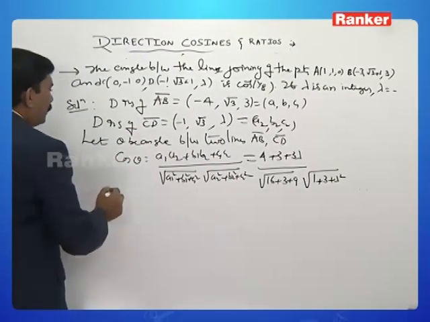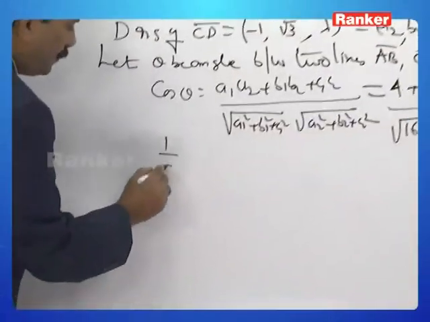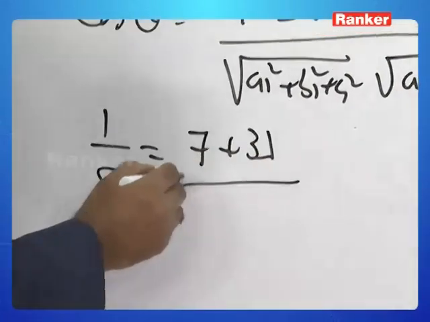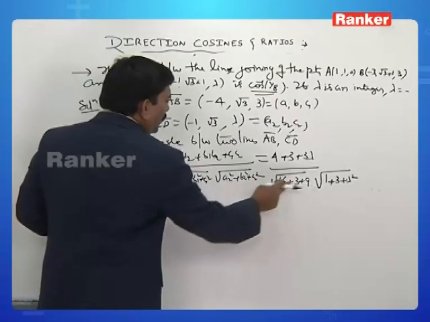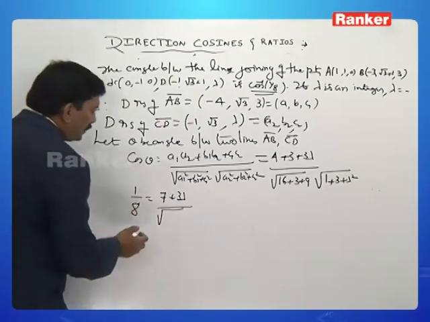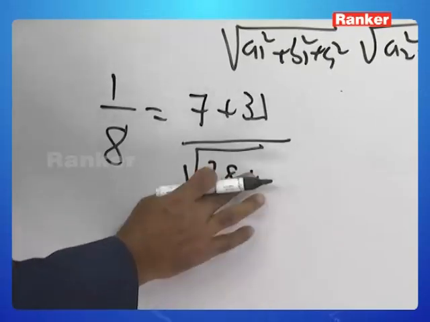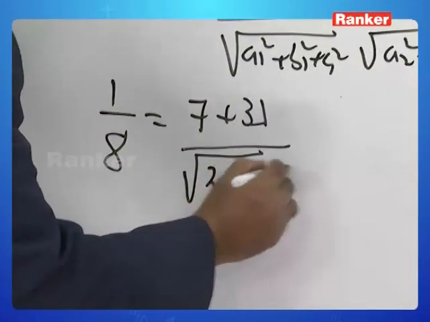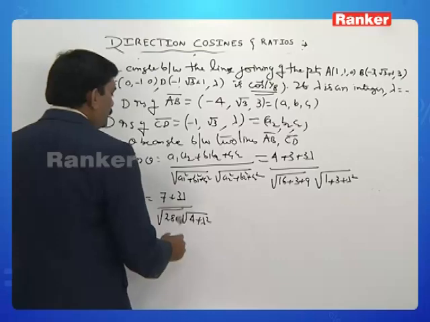But this value is given to be cos inverse of 1 by 8. I can write 1 by 8 is equal to 7 plus 3 lambda by square root of 12 plus 16, that is 28, into square root of 4 plus lambda square. Now you cross multiply.